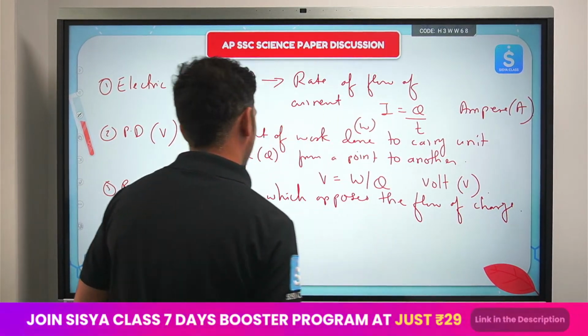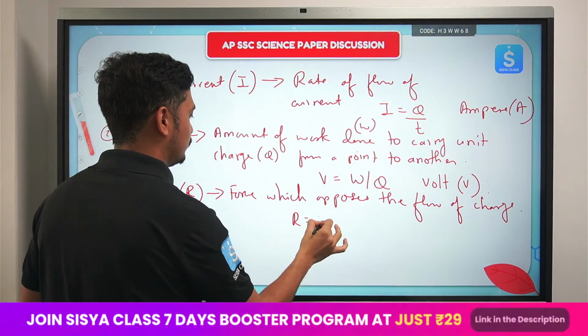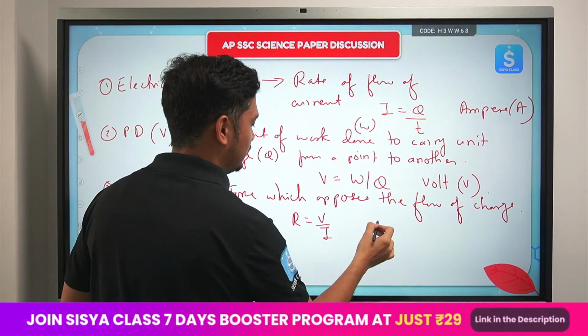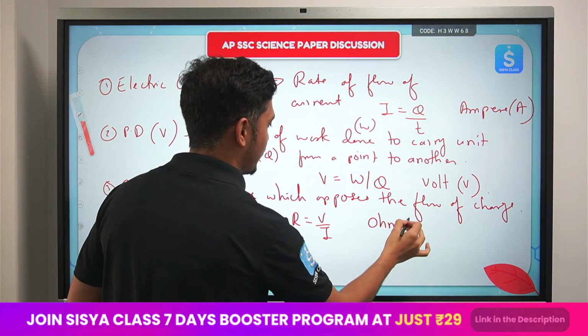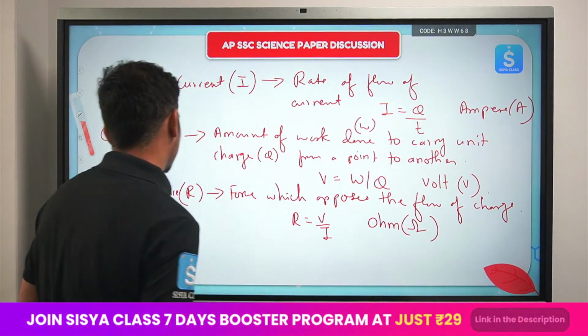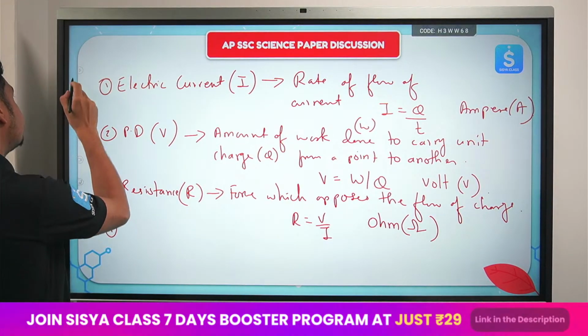The formula for R is V by I, and the SI unit is ohm, symbolized with the Greek letter omega.